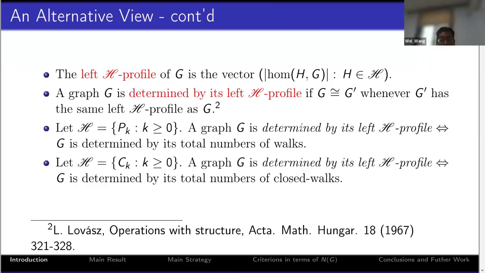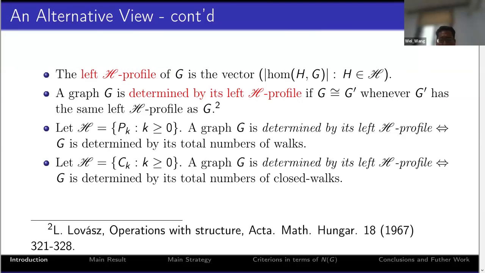Then the graph G is determined by its Lovász profile if and only if G is determined by its total number of walks. If we use this notation, script H is another family of graphs consisting of all the cycles, including the isolated versions.